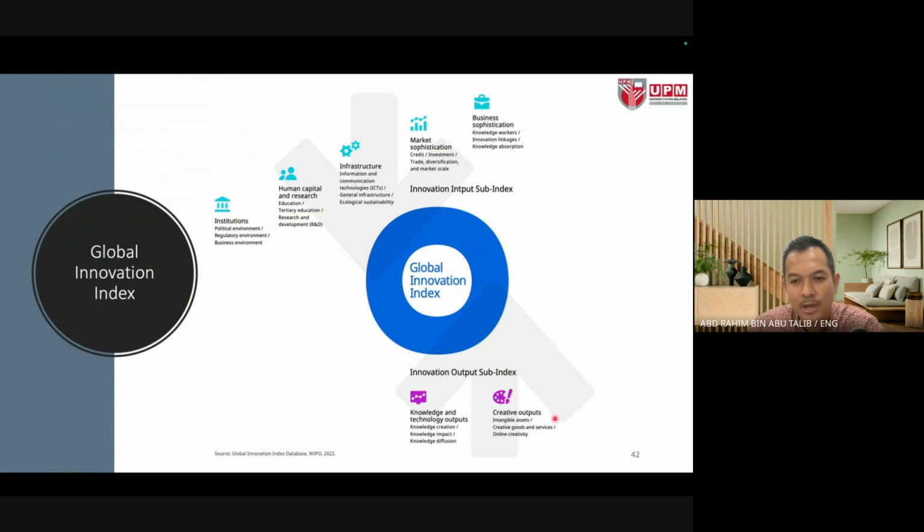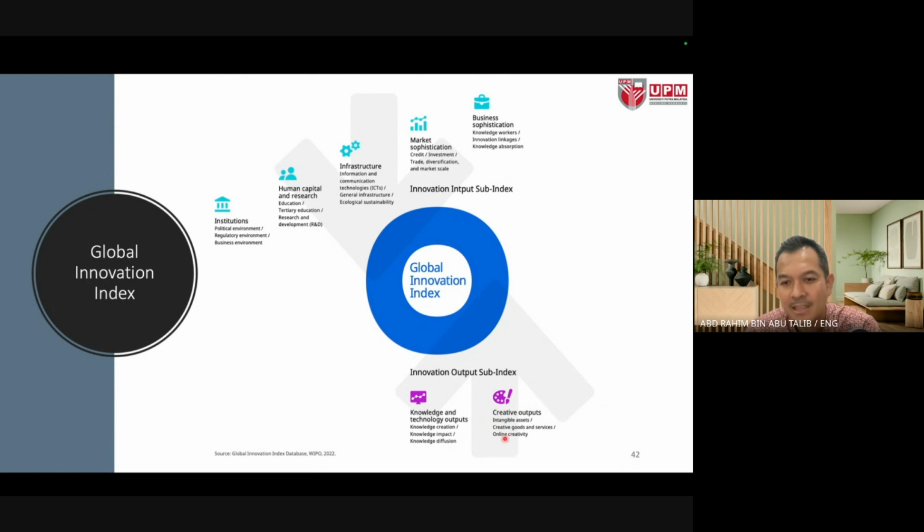And this is what we are lacking. Knowledge and technology outputs: knowledge creation, how many IPs, how many patents, how many trademarks or copyrights that we produce; knowledge impact, how the intellectual properties impact the society, the nation, the people at large; and knowledge diffusion, how the knowledge is distributed to society.